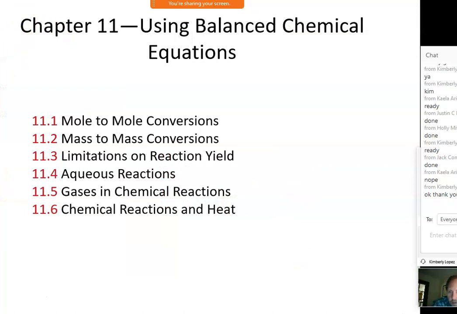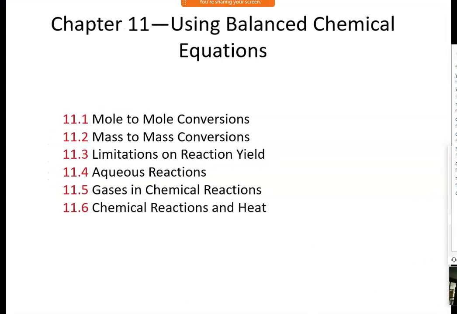Okay, so this chapter, using balanced chemical equations. Let me tell you the reasoning behind this. Let's say you are a chemical company and you want to make a certain compound. Let's say you want to make aspirin, okay? And you have to make a certain amount of it.